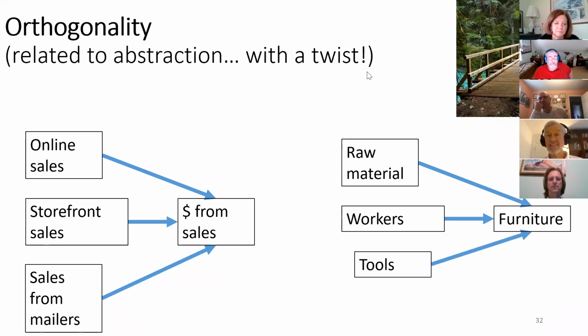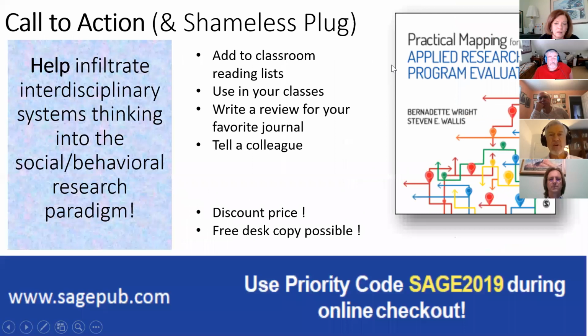To experience it, yes. And that's part of my shameless plug and call to action here with the book. Most or all of these concepts are built into the book, and we hardly mention systems thinking at all. We simply say, here is how it's done, and this is how you put the pieces together.